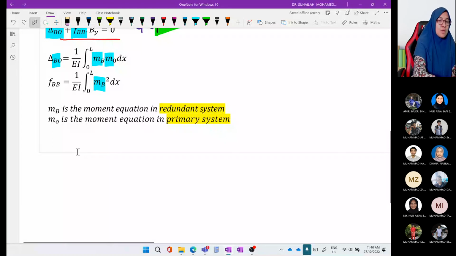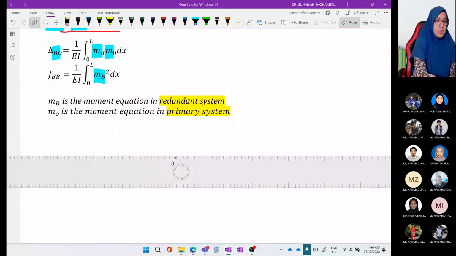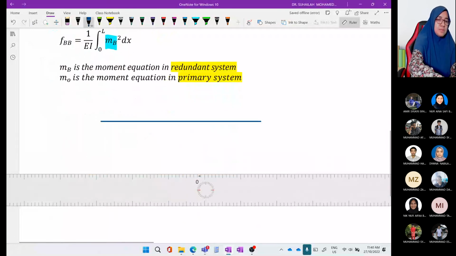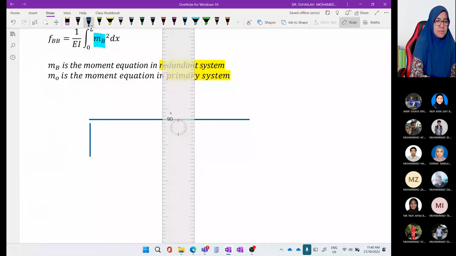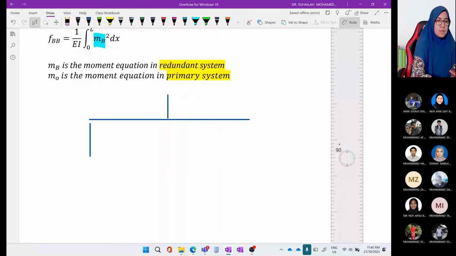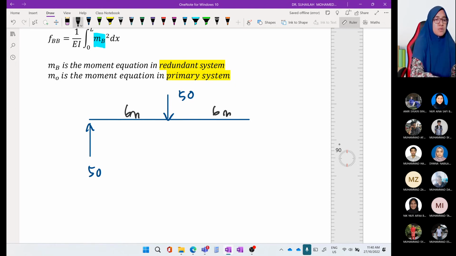So we have a cantilever subjected to 50 kilonewton. This is 50 kilonewton, and the span is 6 meter, 6 meter. So this is a cantilever. What is the moment value?